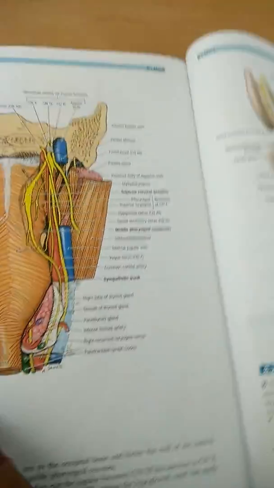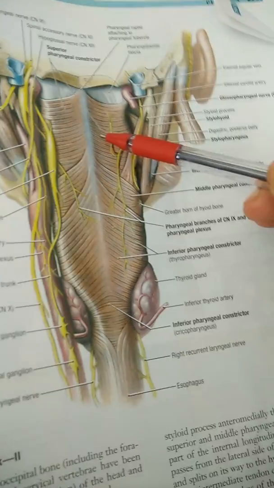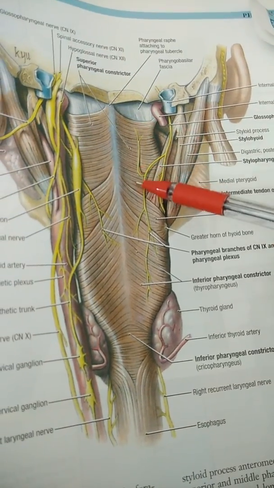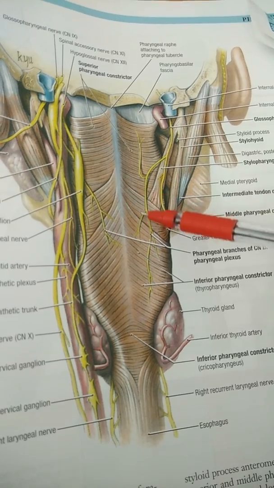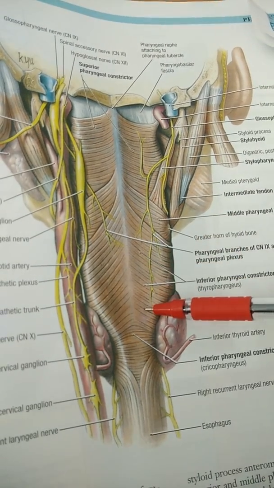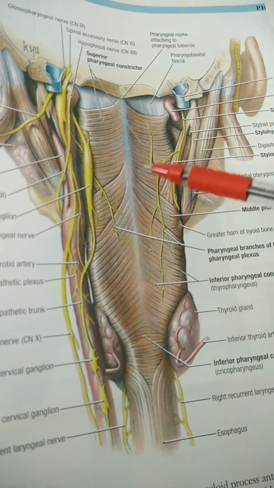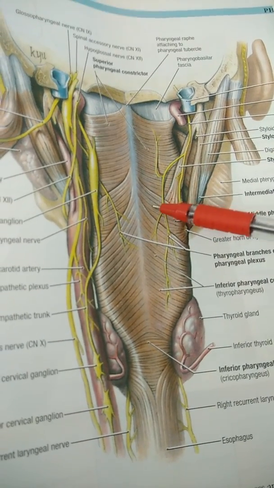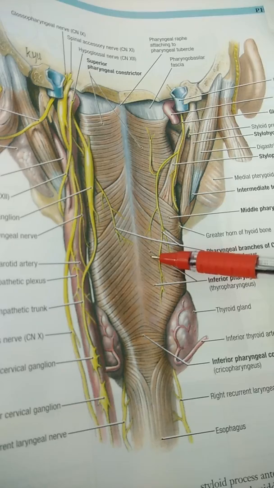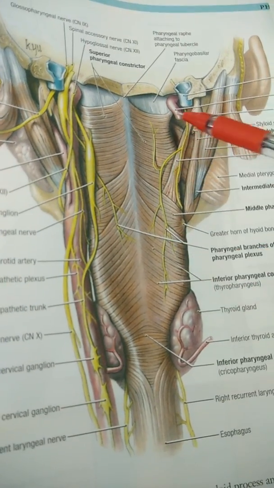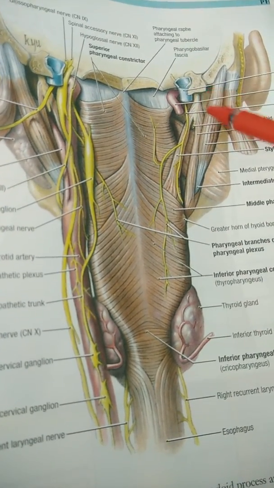In this diagram you can see the upper one, the superior constrictor muscle, the middle constrictor muscle, and the inferior constrictor muscle. Then here we can see longitudinal muscles also.